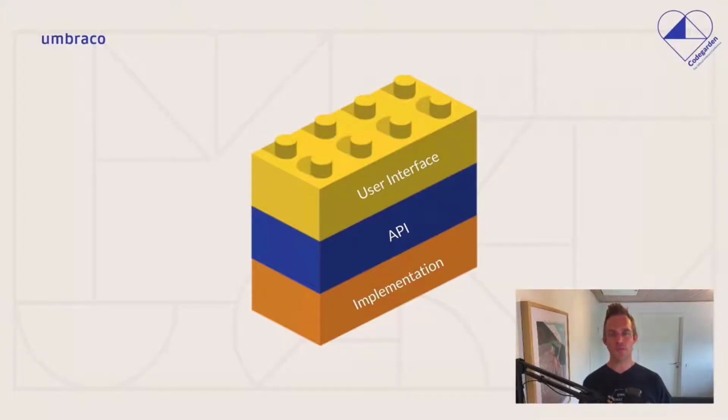We kind of think of the BackOffice as having 3 layers. There's the user interface layer on top, which is all the sugar, all that the users actually interact with. So all the buttons and drop downs and forms and text boxes and all of that stuff is in the user interface. And on the bottom, there's the implementation, which holds all the logic about how to communicate with the server and how to authenticate, how to enforce all the validation stuff and all of that stuff.